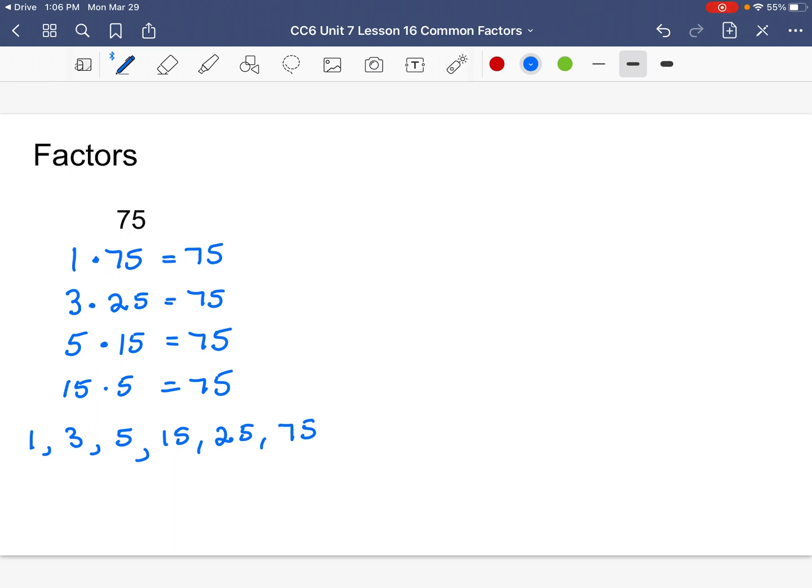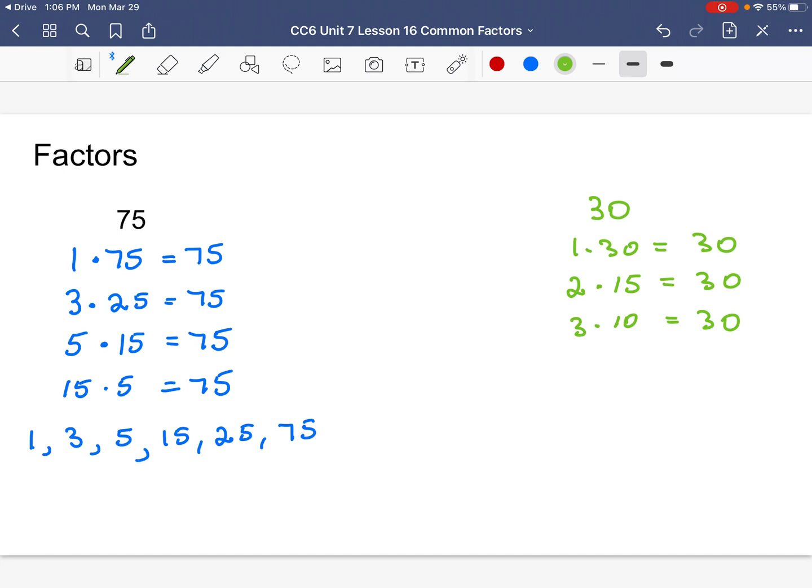Now let's find factors of another number, let's say 30. And again, I would have 1 times 30 is 30. I can divide 30 by 2. 2 times 15 is 30. I can divide it by 3. 3 times 10 is 30. I can't divide 30 by 4 and get another whole number factor.